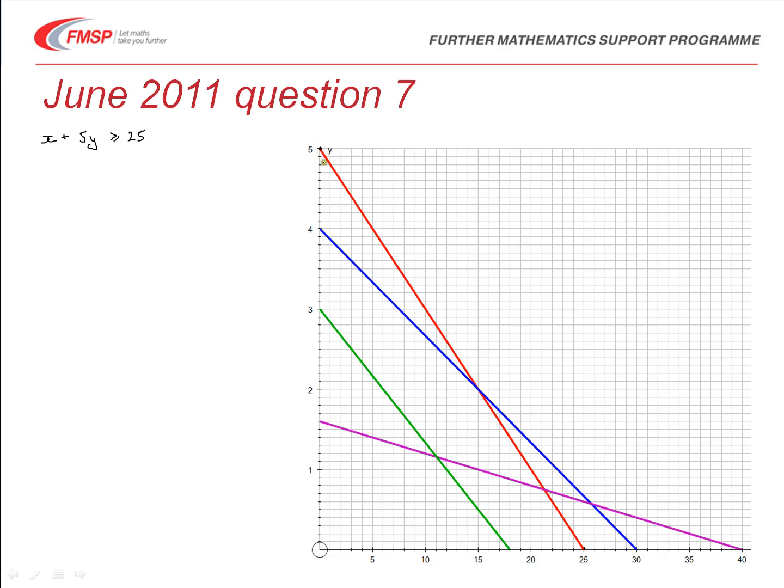So the red line is the one we've drawn in. We want it to be greater than or equal to 25, so the point 0, 0, when substituted in here, obviously gives you an answer less than 25. So below the line is less than, so that's the piece we don't want, and we're shading out the piece that we do not want. So everything below that red line is not appropriate.